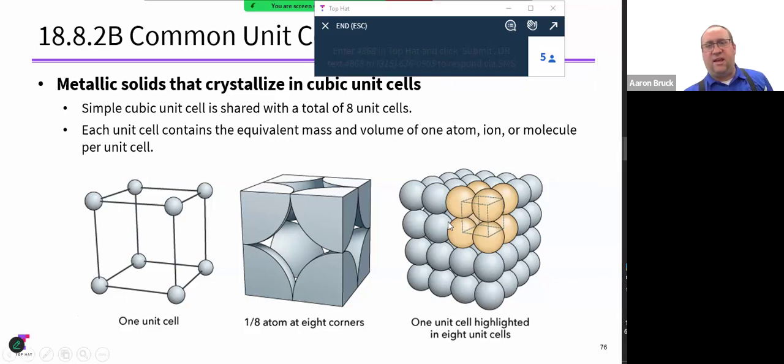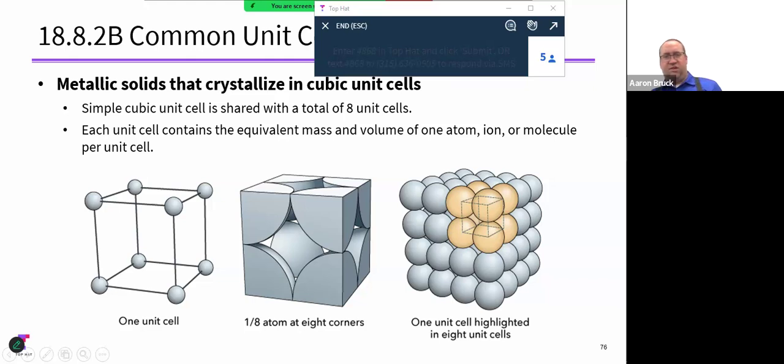So here's a slightly better version of what I just drew. We can see we've got the 1 unit cell here representing this corner here.